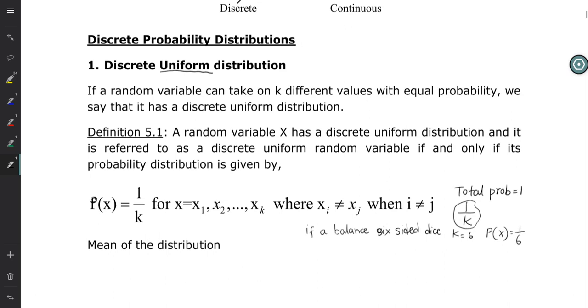Now let's see how we can get the mean and the variance of a uniform distribution.